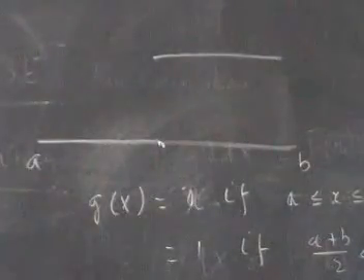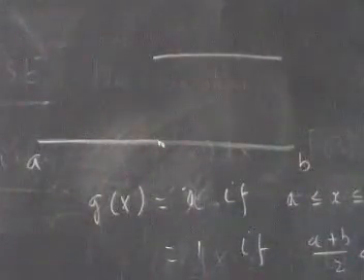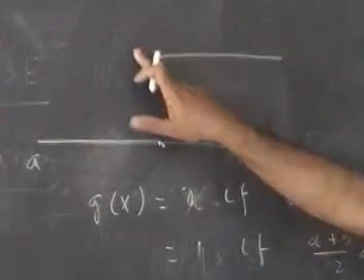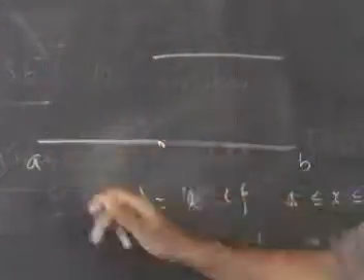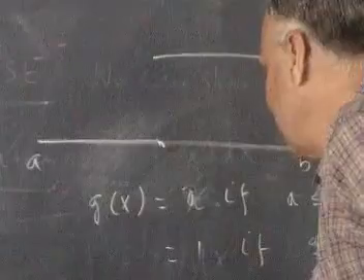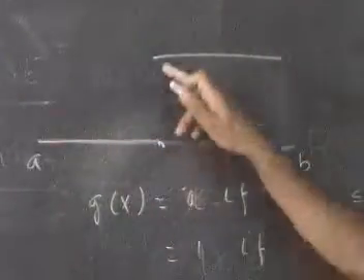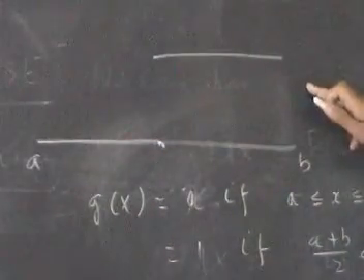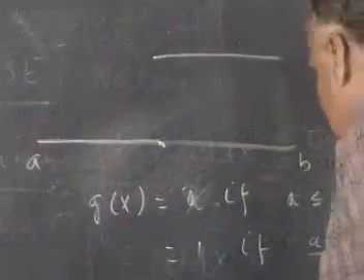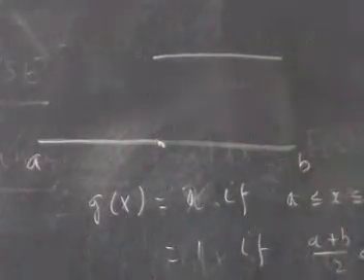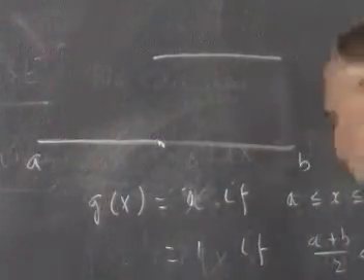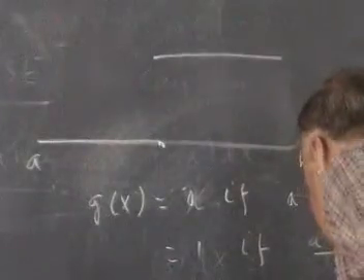Suppose I have such a function. The derivative exists almost everywhere except at this point. Here it's constant, so g prime x is 0 here. Again here it is constant, g prime x is 0 here. So g prime x is equal to 0 almost everywhere. What is the integral of g prime x? 0.